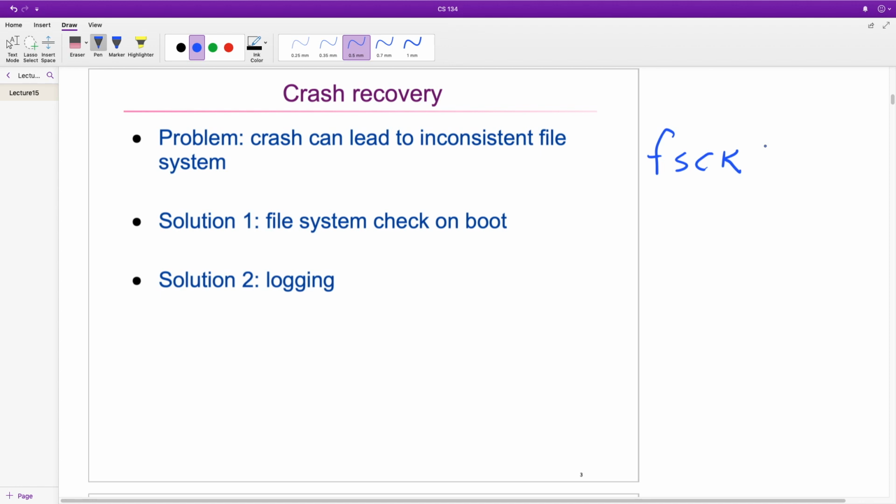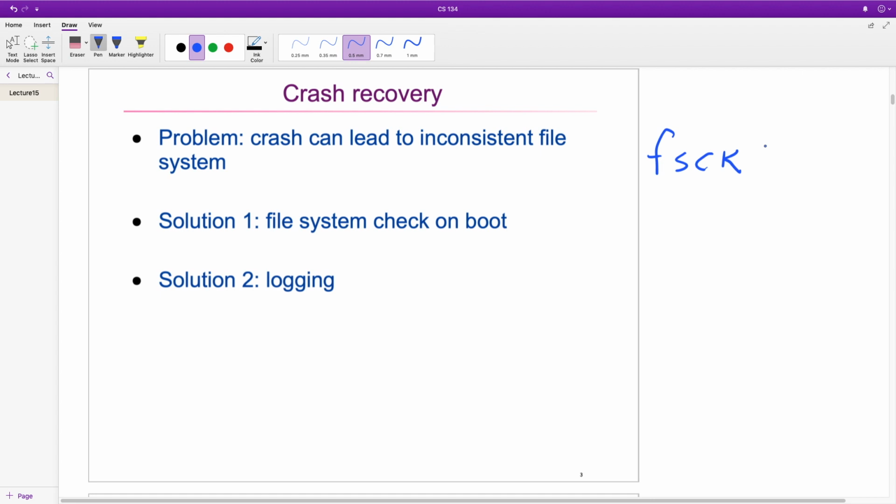As disk drives got larger and larger, that got slower and slower, right? Because it's linear with respect to roughly the disk drive size: the number of files, the number of directories, the number of data blocks, and so on.